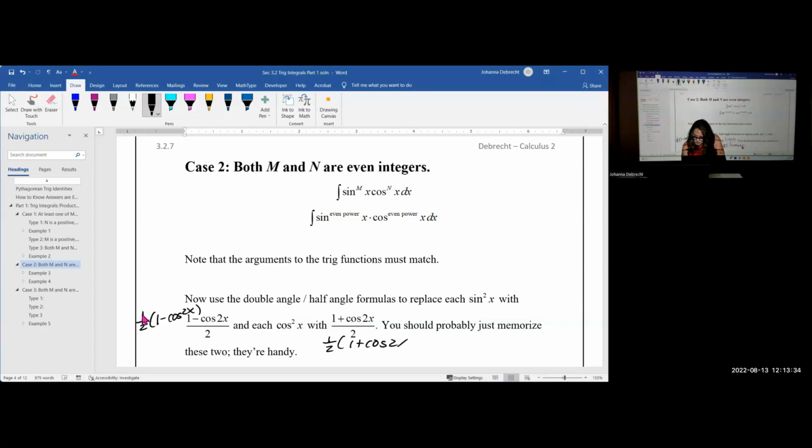Now, how can you keep them straight? I've memorized personally that they both have a 1/2, so that's not a problem. And I know that it's a 1 plus or minus the cosine of double the angle, so it's the double angle formula. But how do I keep track of which one's plus and which one's minus? Cosine is an even function. Remember, it is symmetric with respect to the y-axis.